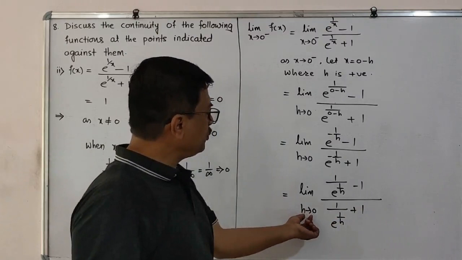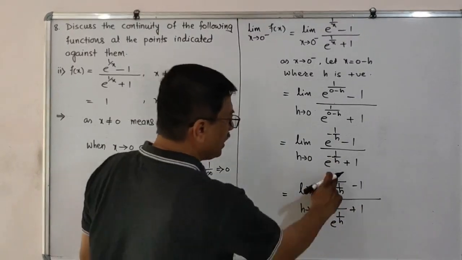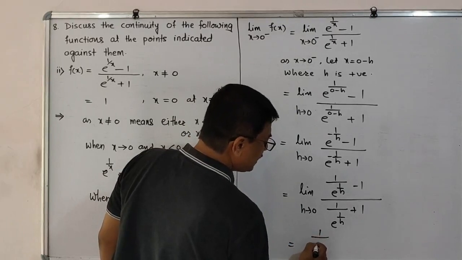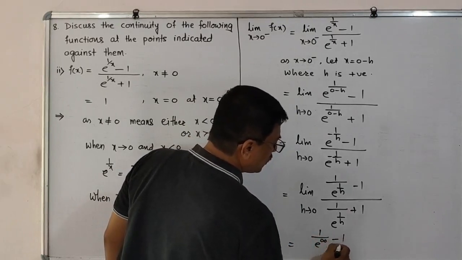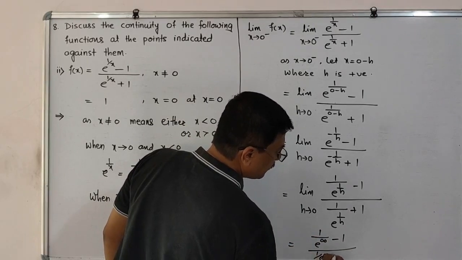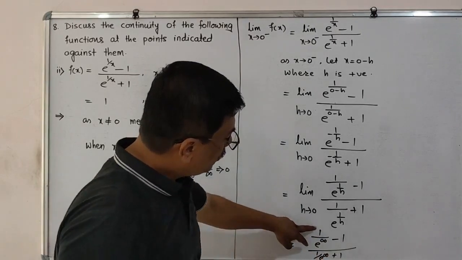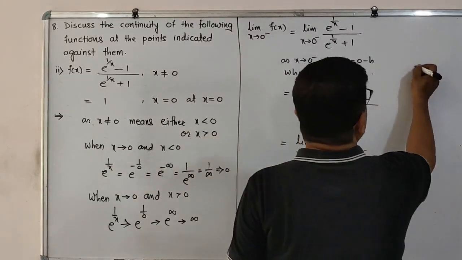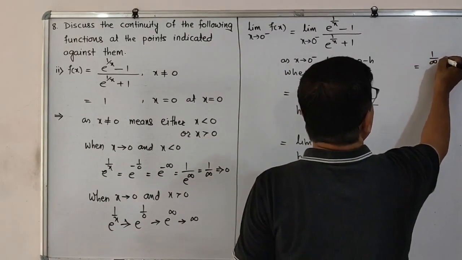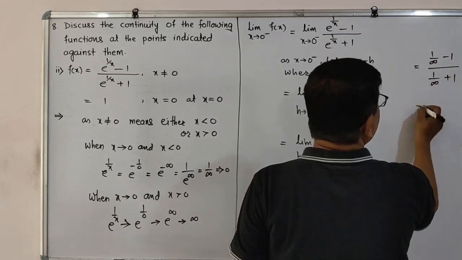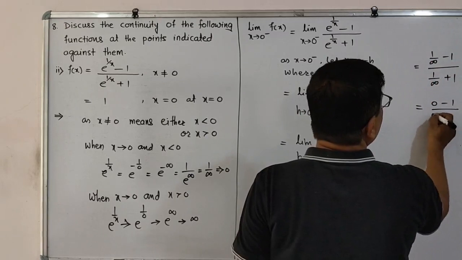Now if you substitute the value h is equal to 0 here, it is nothing but 1 upon e raised to infinity minus 1 upon 1 by e raised to infinity plus 1. And we know that 1 upon e raised to infinity is nothing but 1 by infinity, so it is 0 minus 1 upon 0 plus 1.